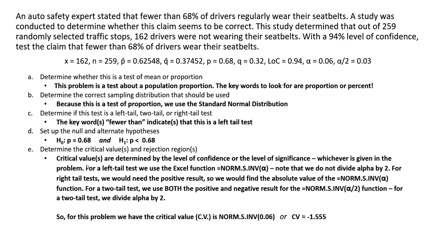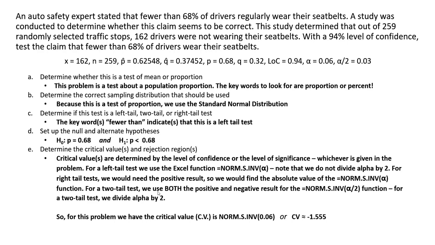And basically, this whole thing just says what I said. It's determined by the level of confidence or level of significance. And for a left tail test, we use the Excel function equals norm.s.inv of alpha. And again, note, we don't divide by 2. For a right tail test, we would need the positive result, so we would take the absolute value of the norm.s.inv of alpha.